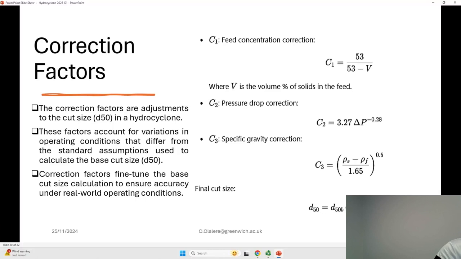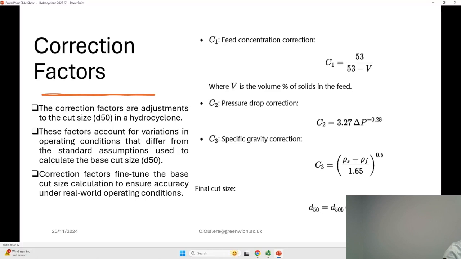Let's say you have a separation process that requires a particular cut point size, for example. But the supplier sent you a different cut point size. You discover at the end of the day that it is not the appropriate one. Let's just say the sieve you have, as an example, is not the appropriate diameter you need. Instead of sending it back, you can actually use correction factors.